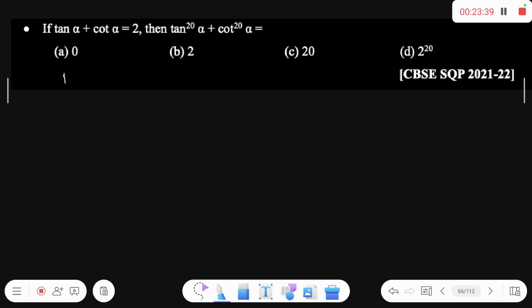सो अगर मैं इसे लिखूं tan alpha plus 1 upon tan alpha, so value is given 2. And for such kinds of problems, you can square both sides, this becomes tan square plus 1 upon tan square plus 2 is equal to 4, or tan square plus 1 upon tan square is equal to 2.